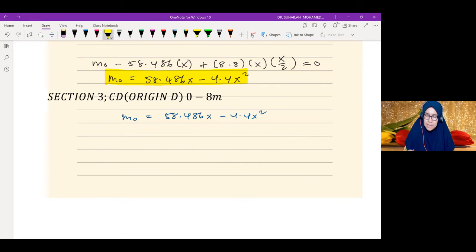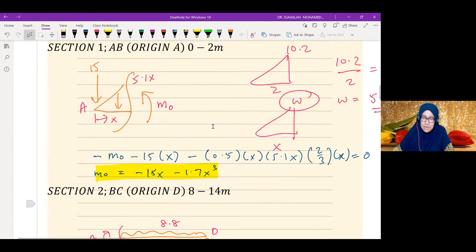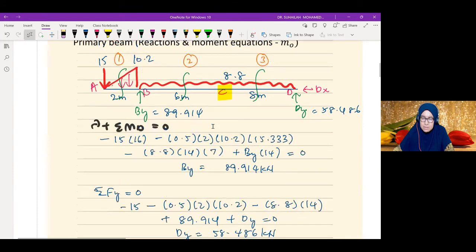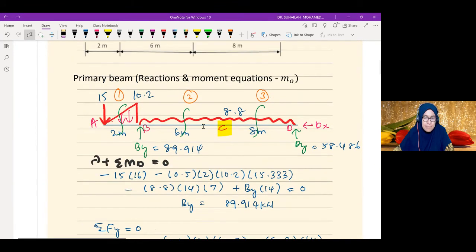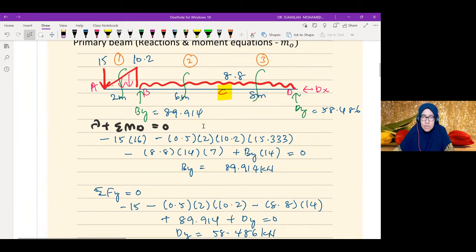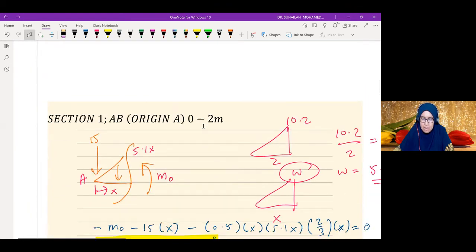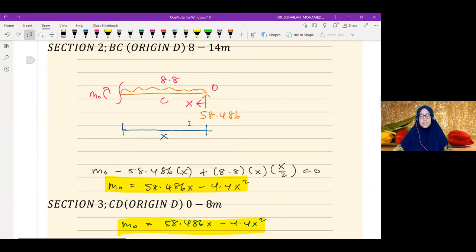This will be the equation. Now we have all the moment equations for the primary beam, which is M naught for 3 cutting sections. We now move to the second system.